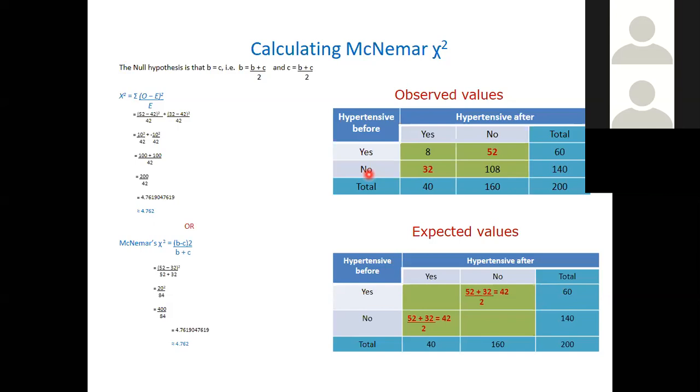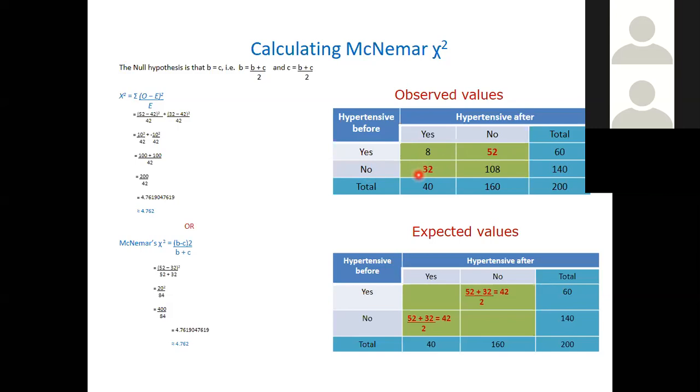Now, if the null hypothesis is true, the number that moved from hypertensive to non-hypertensive should be equal to the number that moved from non-hypertensive to hypertensive. So B and C should be the same if the null hypothesis is true.